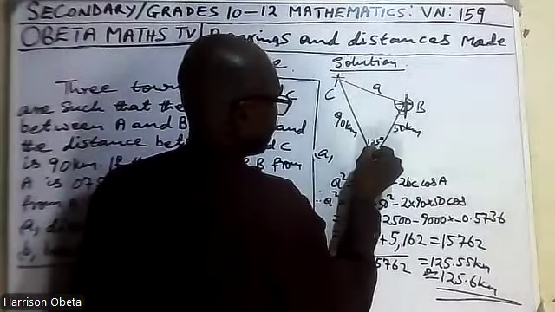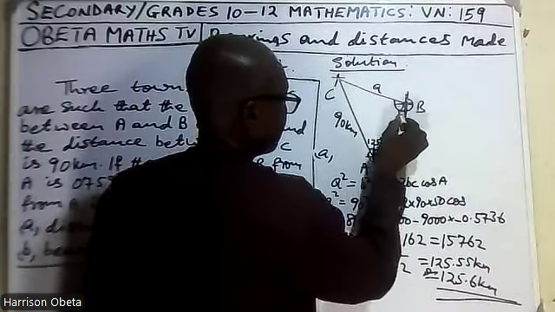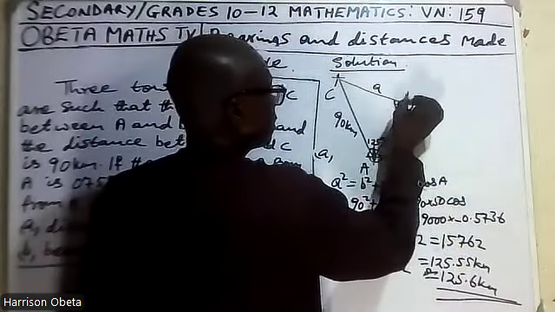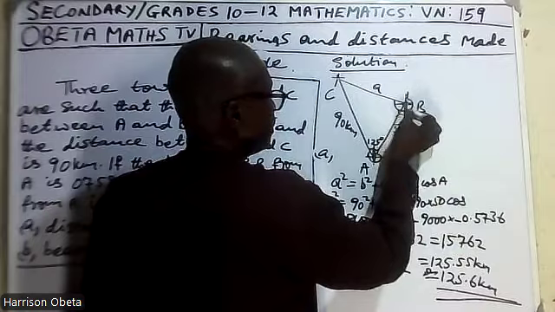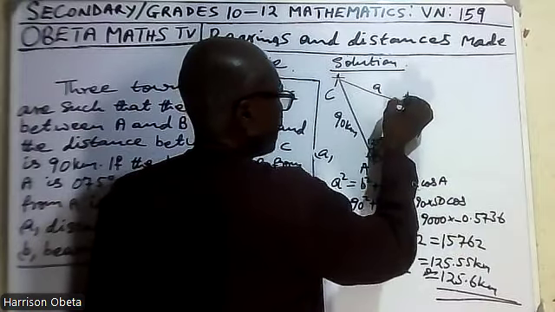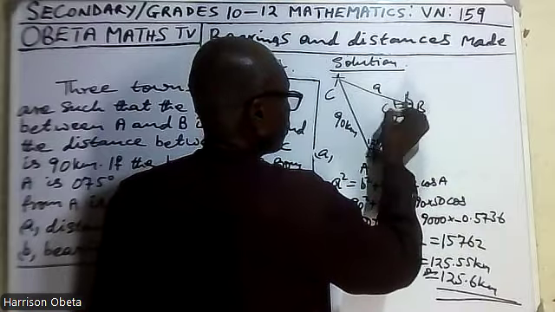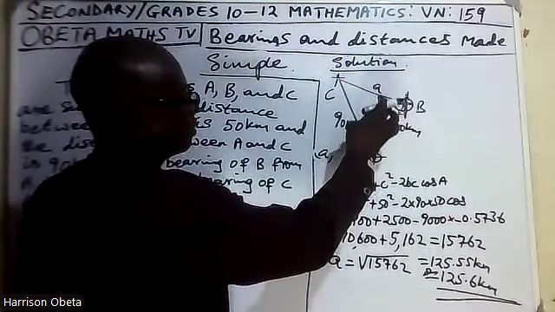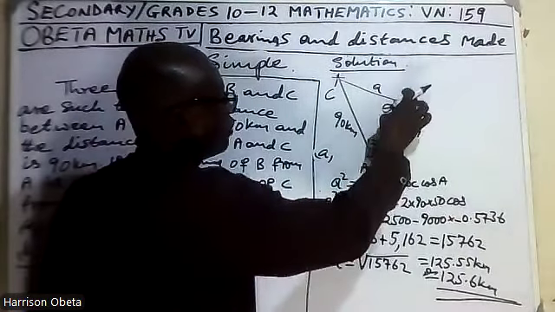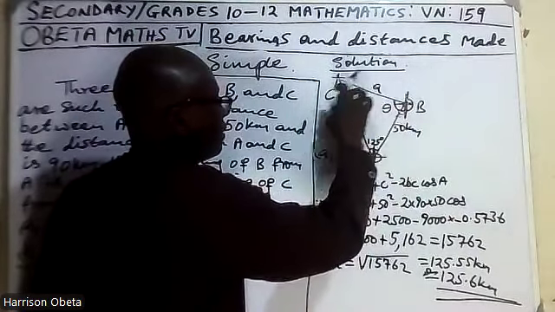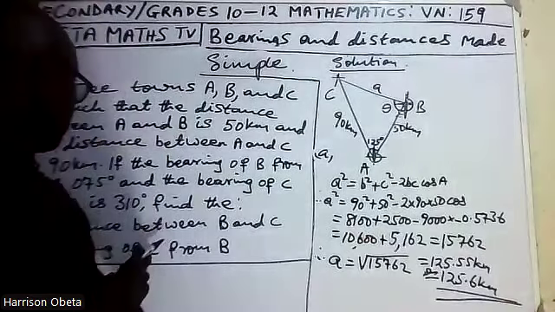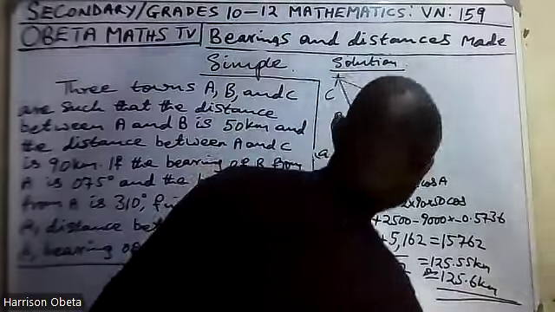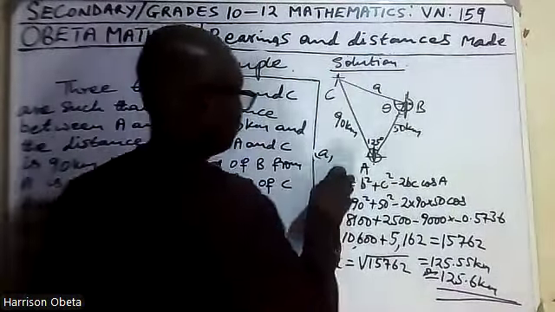So since this is 75, this is 75. So what will be the bearing? The bearing will be from here to here, 180 plus 75 plus the angle here that we don't know. So let's call it theta. So when you calculate this, theta plus 75 plus 180 will give you the bearing of C from B. And that is this.